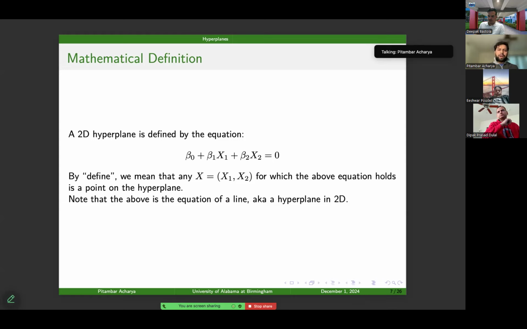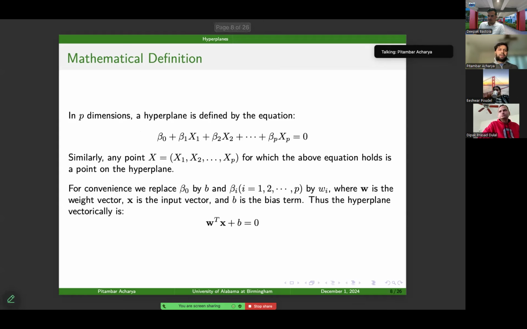This relation is known as the hyperplane in two dimensions. If we have p dimensions, then the hyperplane is defined by p variables, x1, x2 up to xp, and this relation will be the hyperplane in p dimensions.